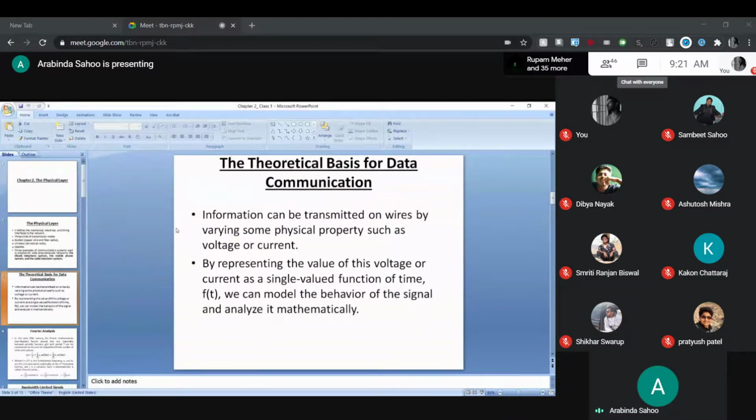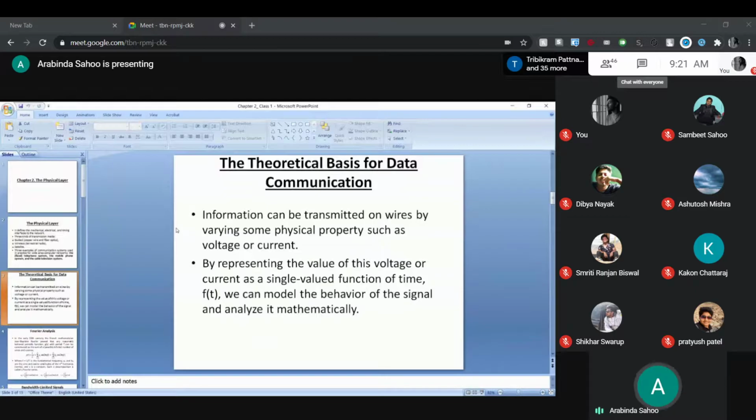Information can be transmitted on wire by varying some physical properties such as voltage or current. So as you are transmitting information in the form of binary bits, the first step is to convert these binary bits into an electrical pulse. Only then can you transmit this electrical pulse, or there is light or no light that you can transmit with the help of fiber optics.